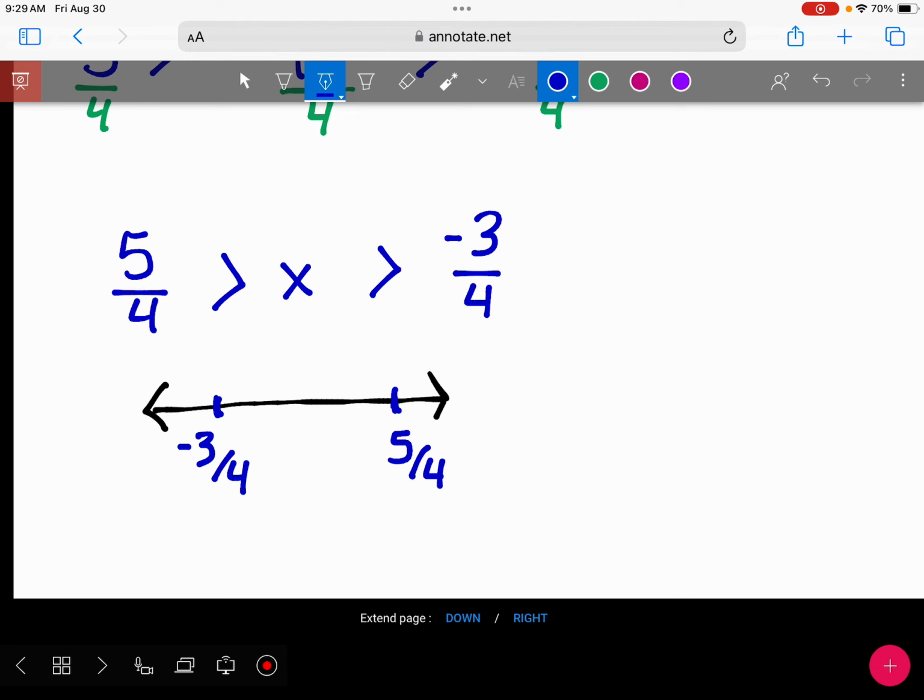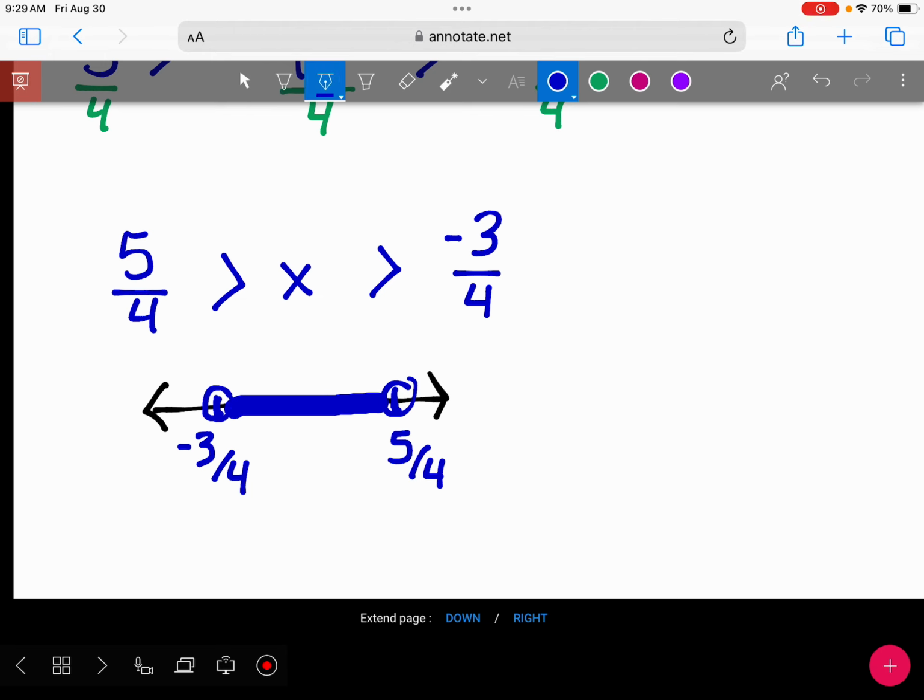Negative 3/4 is in fact smaller than positive 5/4. On each of those ends, are we going to do open circles or closed circles? Open circles, because we have greater than, not greater than or equal to. And since x is between them, we are going to color in between them.